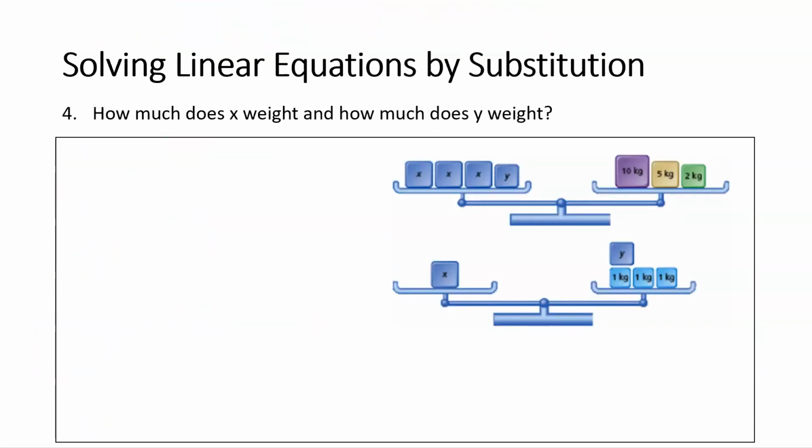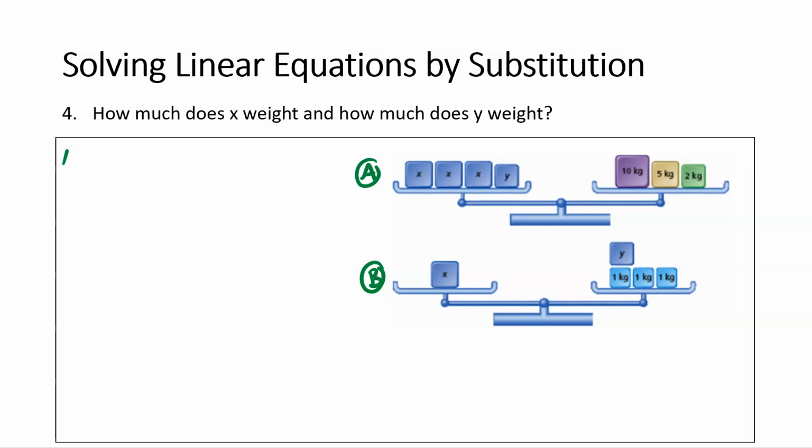We have the following linear system. It's just shown in a picture form rather than in an equation form. Let's say this is equation A and this is equation B. What's the solution? Well, let's start by writing these scales here as an equation.